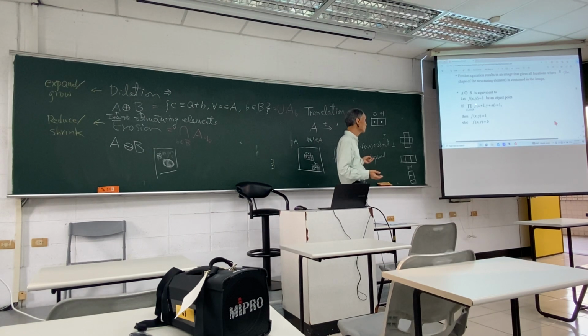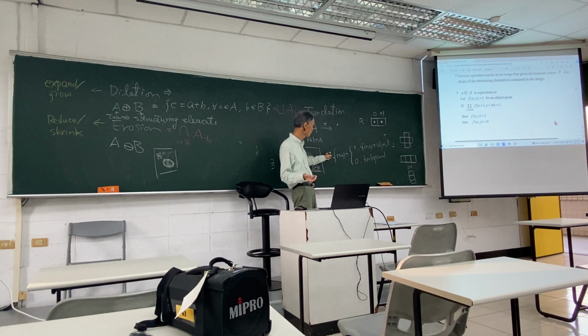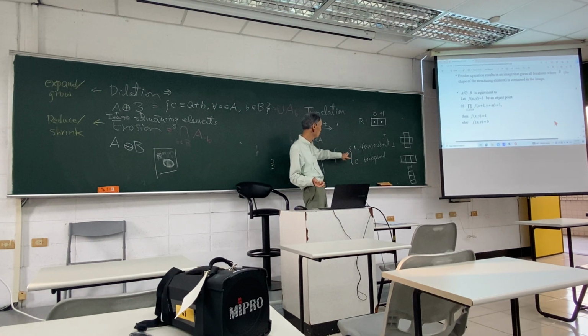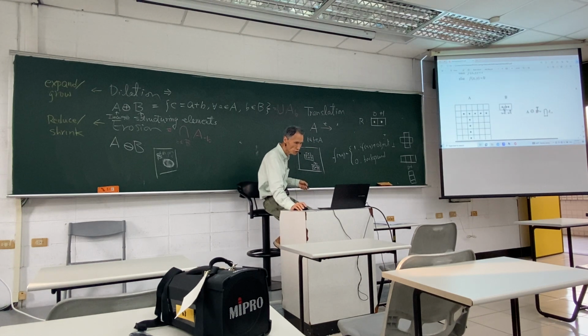So if you don't like the definition by set theory too much, just go for this line, that'll be fine, okay? But first you have to make sure your binary image is something like this, okay? Your background is 0, then that'll be fine, okay? So that's for erosion.